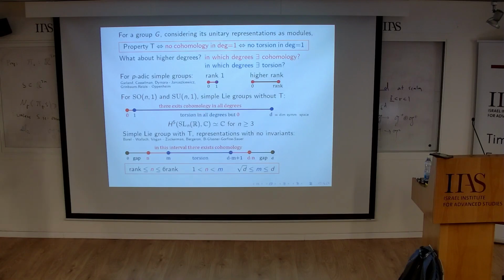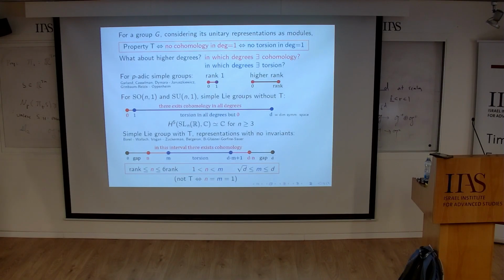And Vogan had a work about isolation of cohomological representations in the unitary dual. Bergeron had another work, completing this work, and with Michael and Yuval and Roman, we came up with this picture.